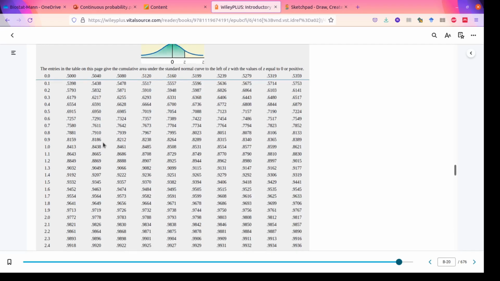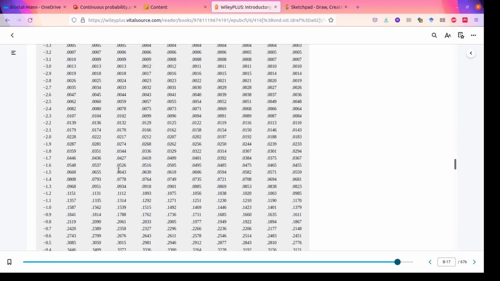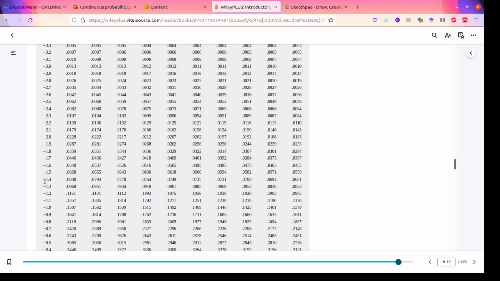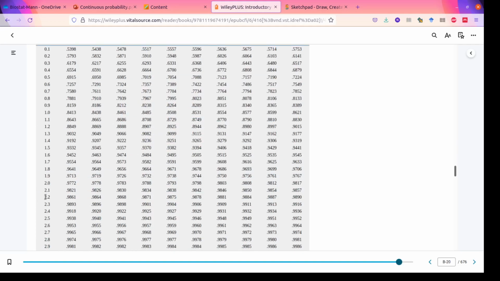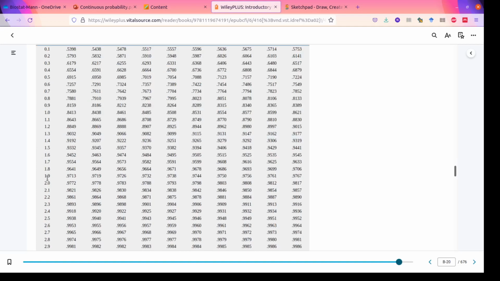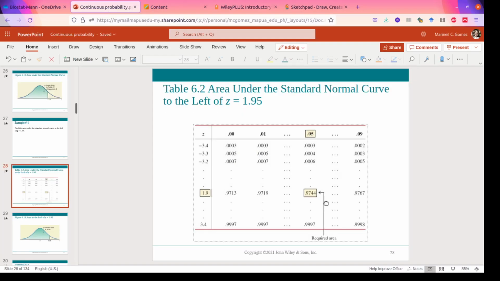Okay, so we have positive 1.95, again denoting the area to the left. At 1.9, then 0, 1, 2, 3, 4, 5, the value is 0.9744, similar to this one.